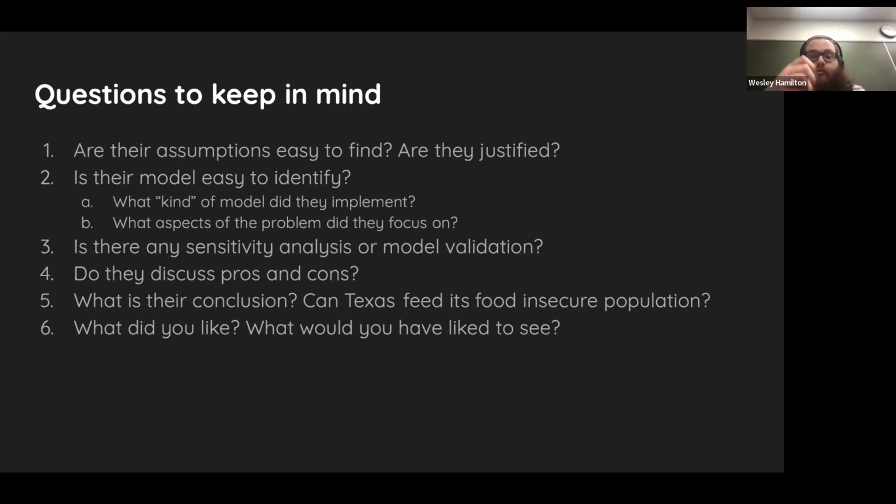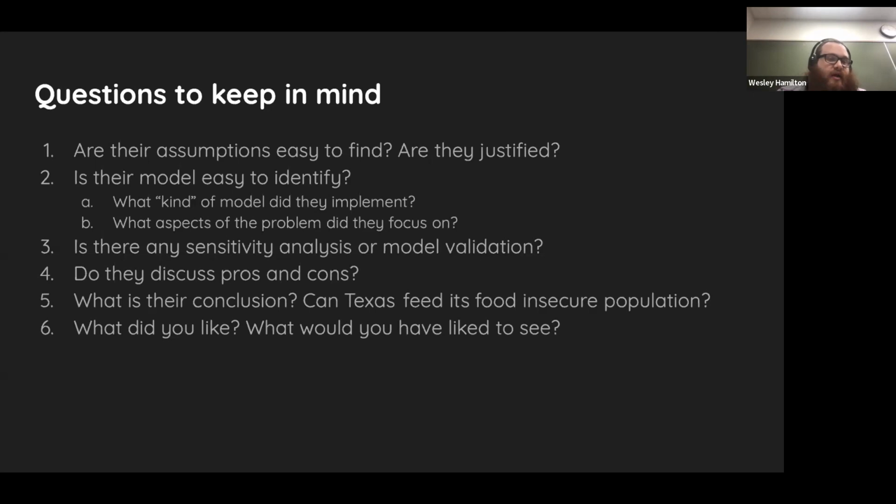As we're looking through each of these submissions, at least for part 1, these are things to keep in mind. Can you find the assumptions? Are they justified well enough? Can you determine what actual model they're using? Is it a linear model? Are they using any sort of regression?